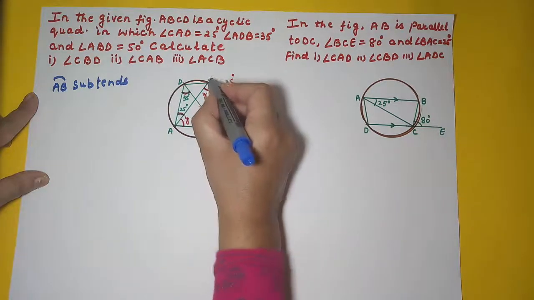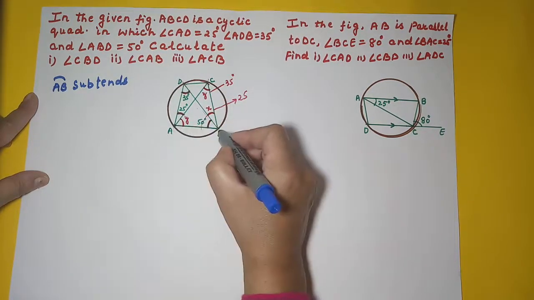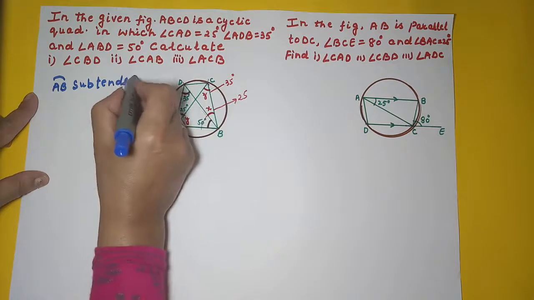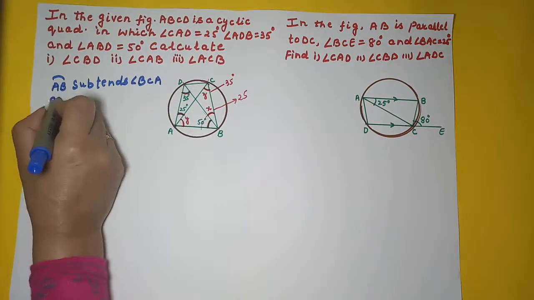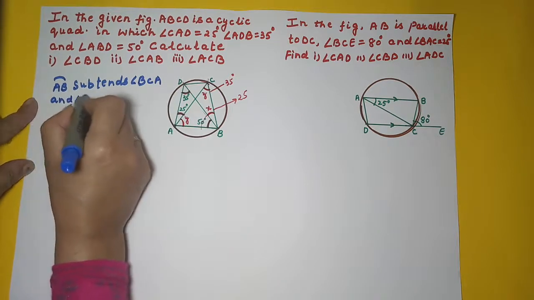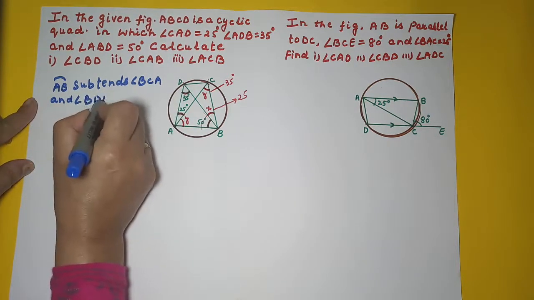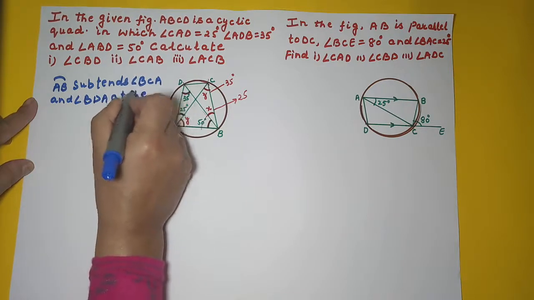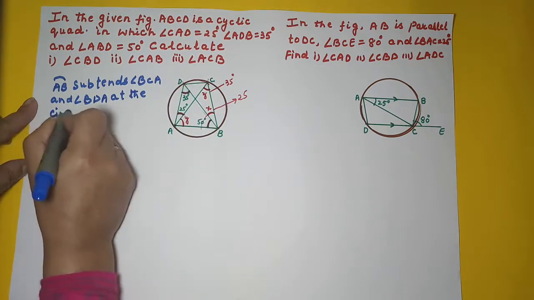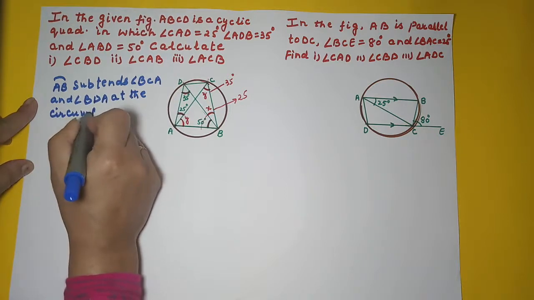Angle BCA and angle BDA, where? At the circumference. So their measure is equal, right?